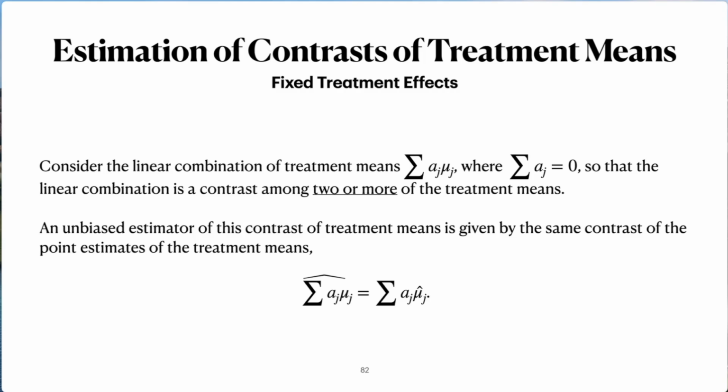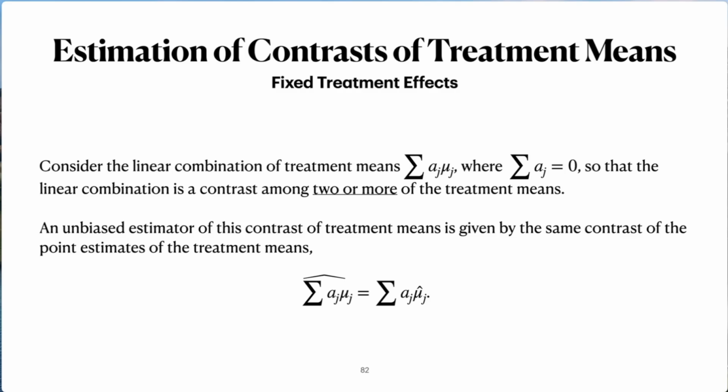We're looking specifically at situations where the sum of those coefficients, the sum of the a sub j's, is equal to 0. That implies that the linear combination is a contrast of two or more of the treatment means.